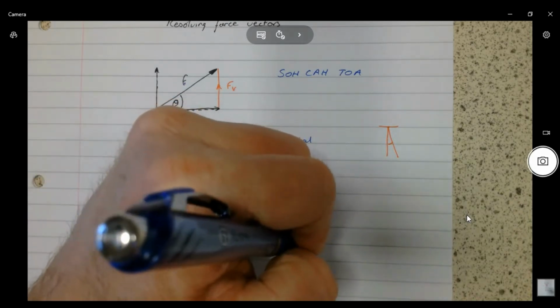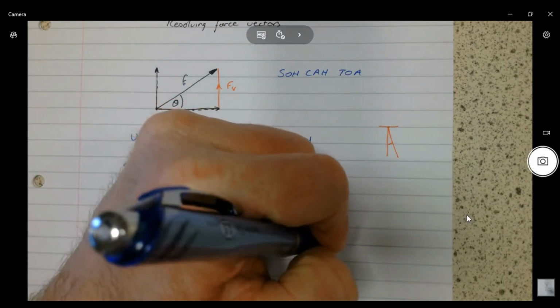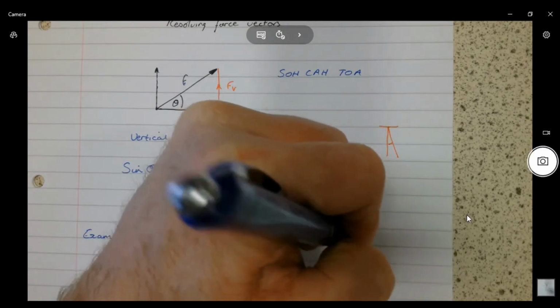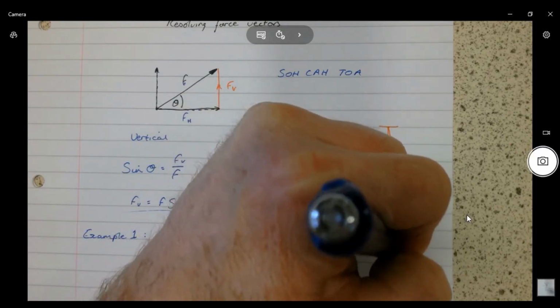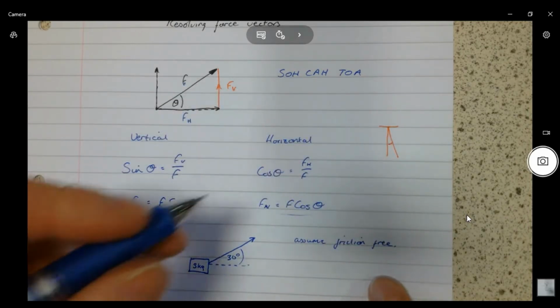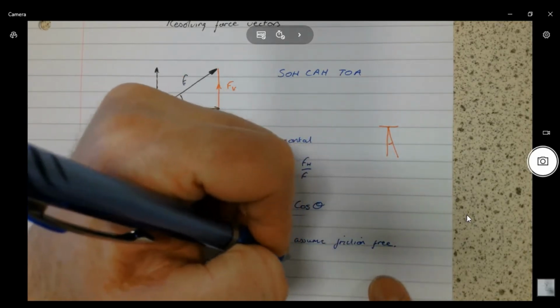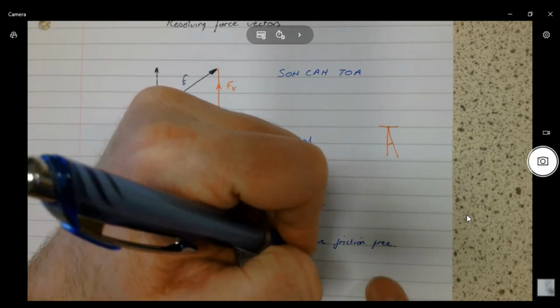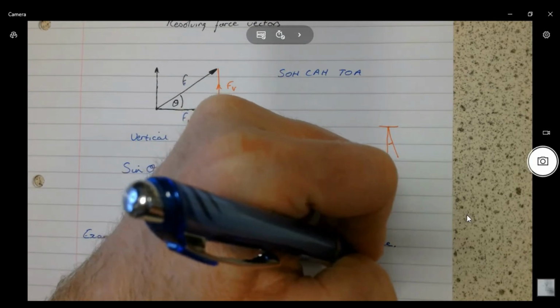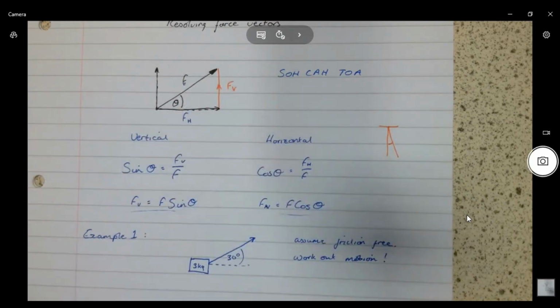And we're going to assume friction free, and then we're going to work out motion. We're going to see what it does.